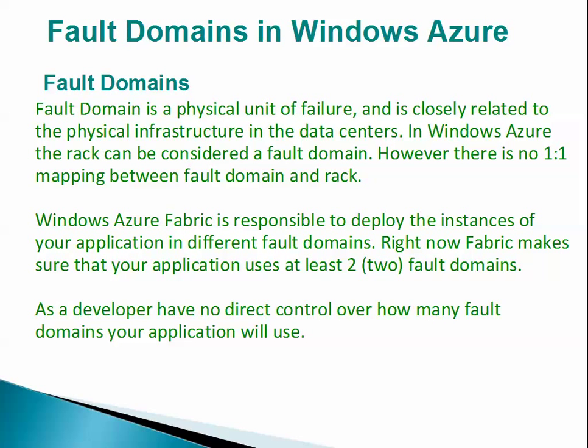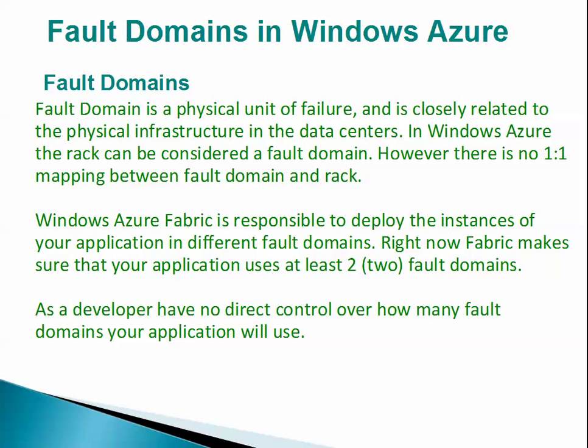So if, by any hardware failure, one fault domain is down, meaning one web role is down, then obviously the other will be available. There is no chance that 2 web roles will be down at a time, because both web roles are present in different fault domains. Each web role will be present in one fault domain. Are you getting my point?